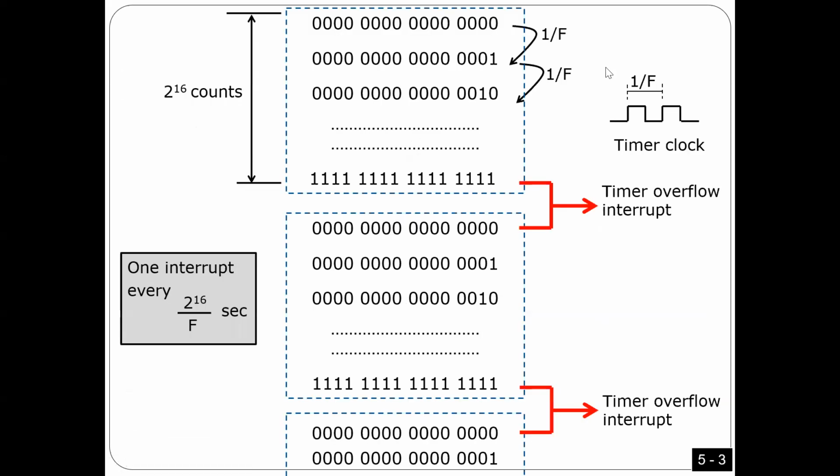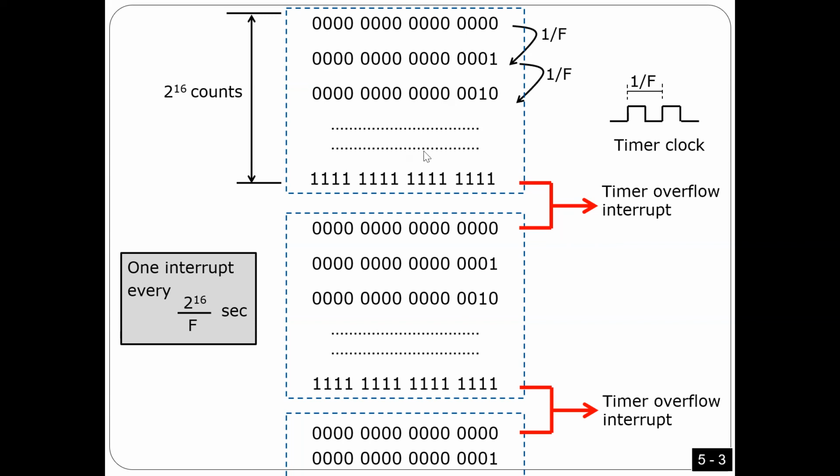That means this is how the counter works. Look here, guys. The counter is, in the very beginning, 0, 0, 0, 0, 16-bit, right? After one clock it is incremented by 1, then 2, 3, 4, 5, 6.